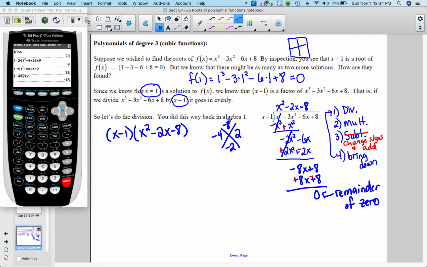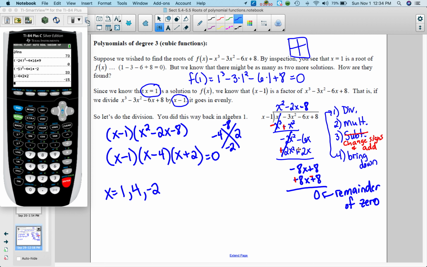I don't need a box because it was just an x squared. So I get x minus 1 times x minus 4 times x plus 2. That's how I would factor that, which means my solutions are x equals 1, 4, and negative 2. So I would have 3 zeros or 3 roots for that particular problem.